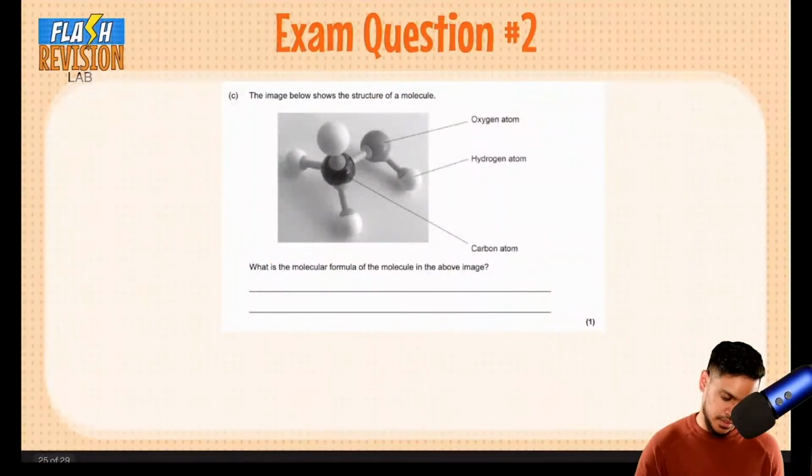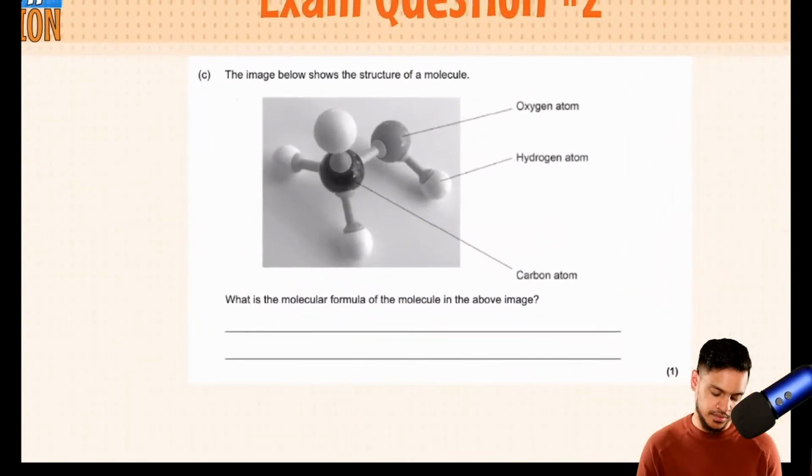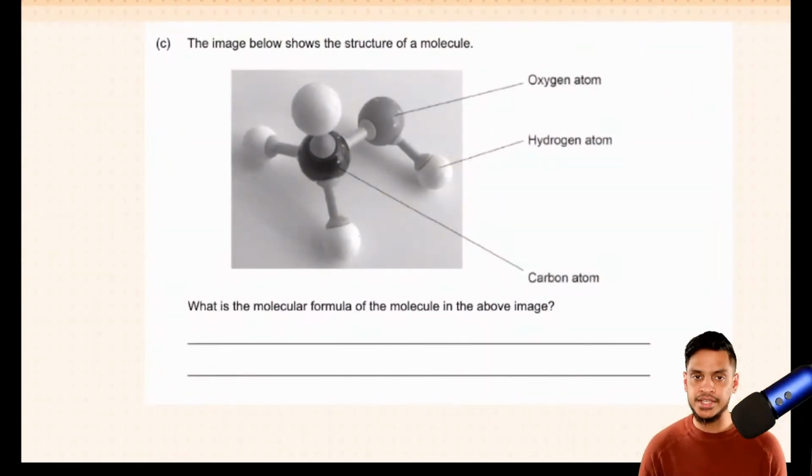Here's another one. Okay, try this one now. Tell me what you guys think the molecular formula of this one is. This one does have carbon. So carbon bonded to 3 white ones. The white ones are hydrogen, and 1 oxygen.